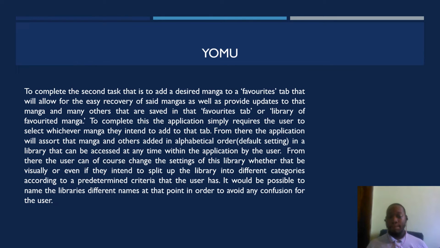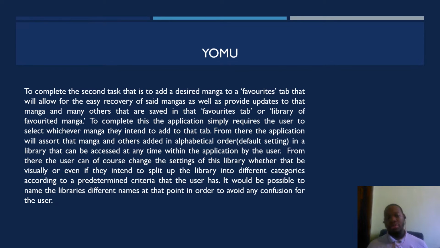To complete this, the application requires the user to select whichever manga they intend to add to the tab, and from there, the application will sort the manga and others added in that tab in alphabetical order, which is the default setting. It could change depending on how the user wants it to be sorted. Obviously, that is another setting that is available for the user. It will be sorted in alphabetical order in a library that can be accessed at any time within the application by the user.